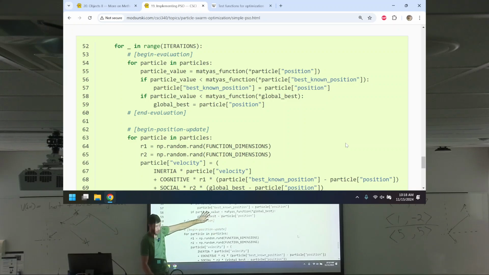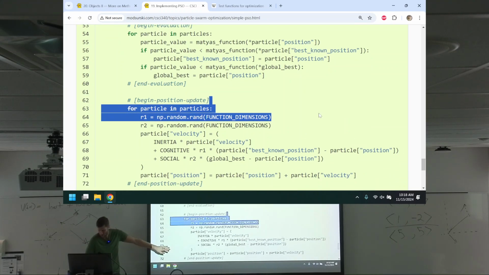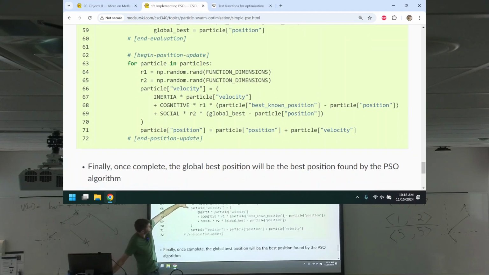If it's better than anything I've ever seen before, update the global best. Then update the velocities and the position of each particle. Repeat, repeat, repeat.